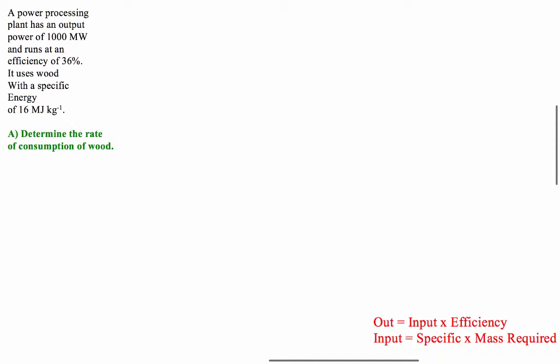And so the two equations that you're going to be using for this are, first, your output equals your input times efficiency. You all know my handwriting is awful, so get over it.